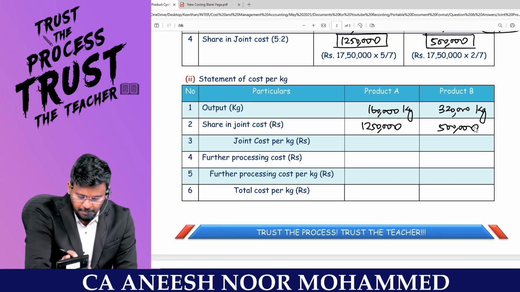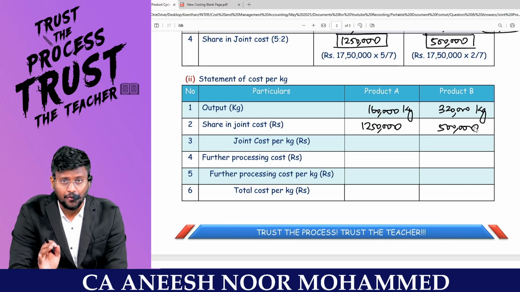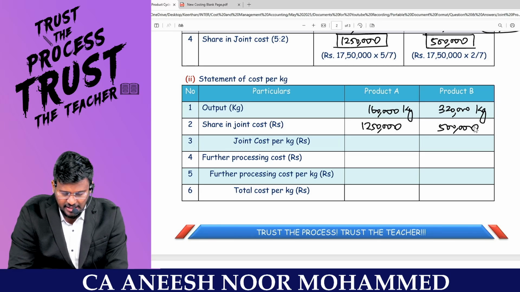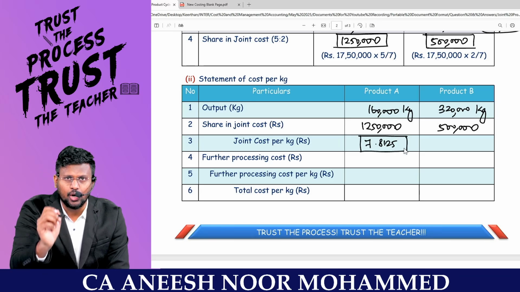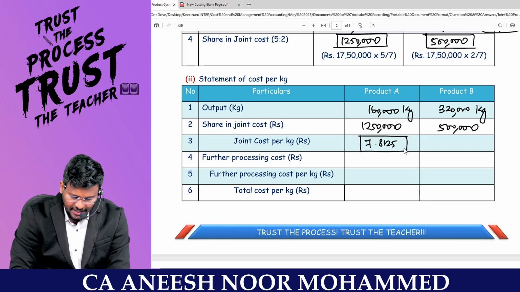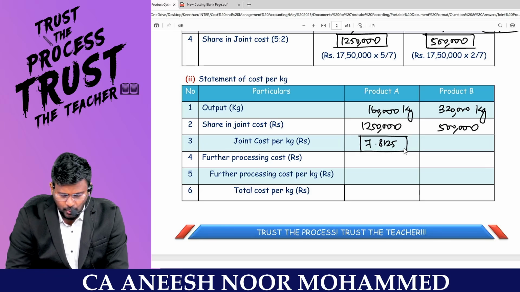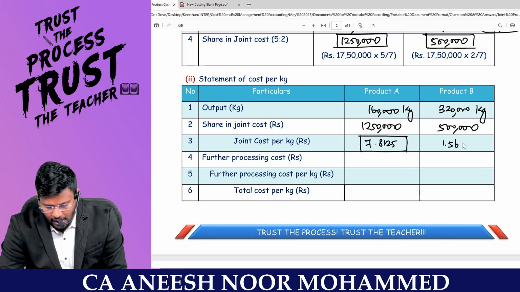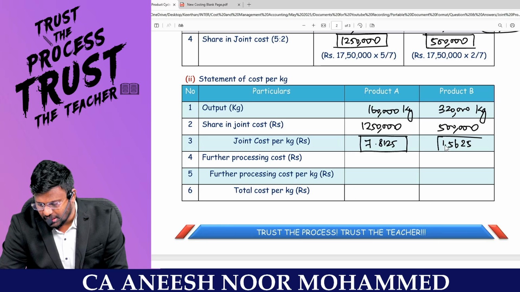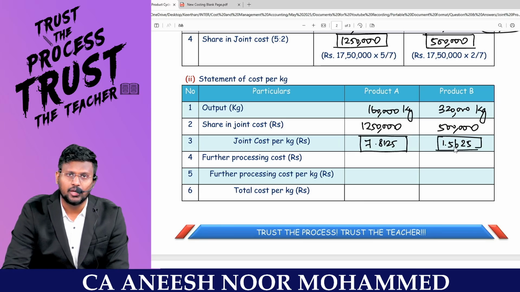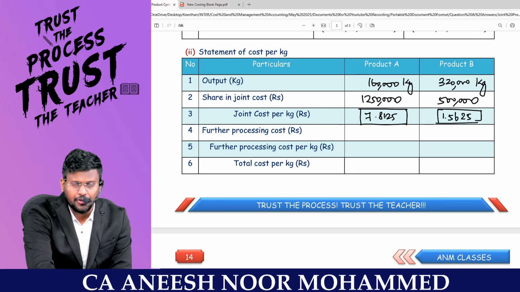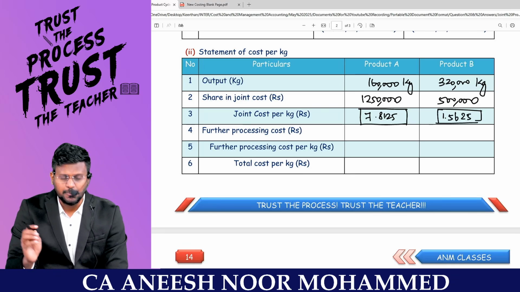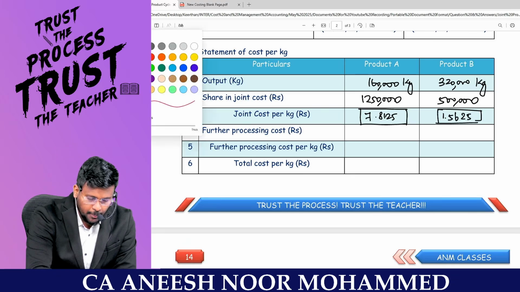That means I spend totally 12,50,000 for 1,60,000 kg, which means 7.8125 per kg is the share of joint cost. And here I spend 5 lakh for 3,20,000 kg, which means 1.5625 is the share of joint cost per kg, my dear lovable students. And we are incurring further processing cost that is specific to each department.